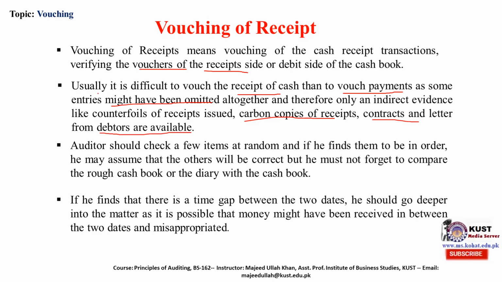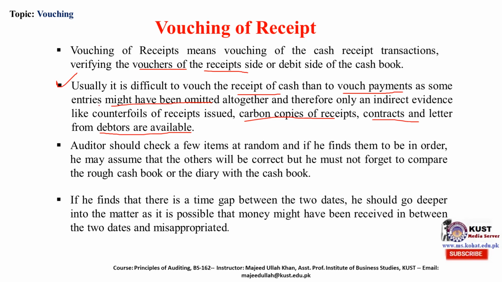Why might an entry have been omitted altogether? Because when the cash is received, it might have been embezzled by a person, a cashier who is dealing with the cash, and the receipts and vouchers omitted altogether in order to vanish the evidence of the fraud.